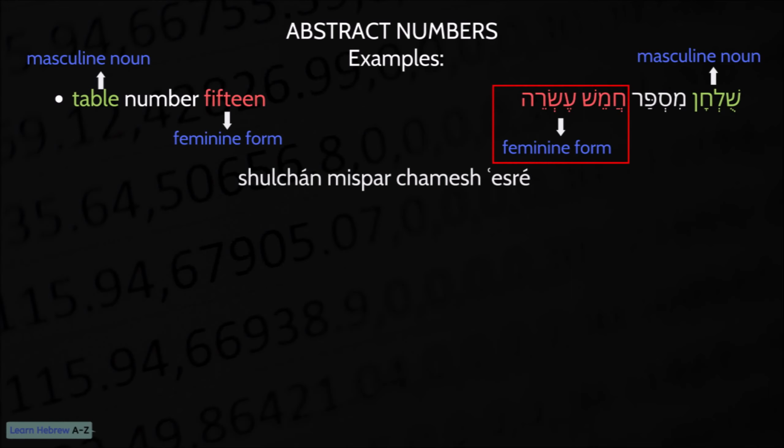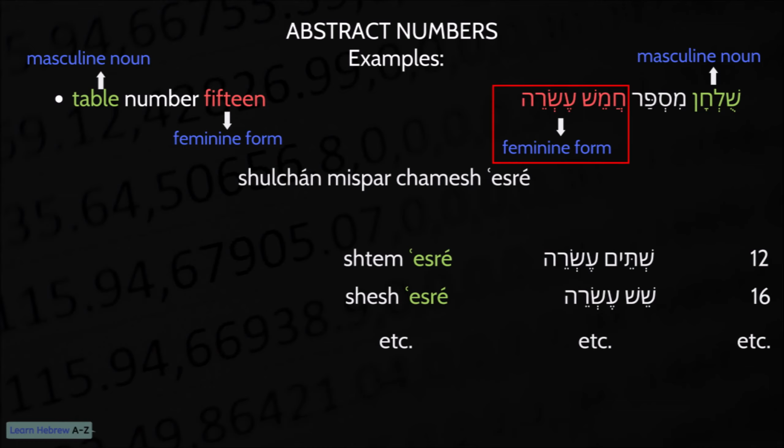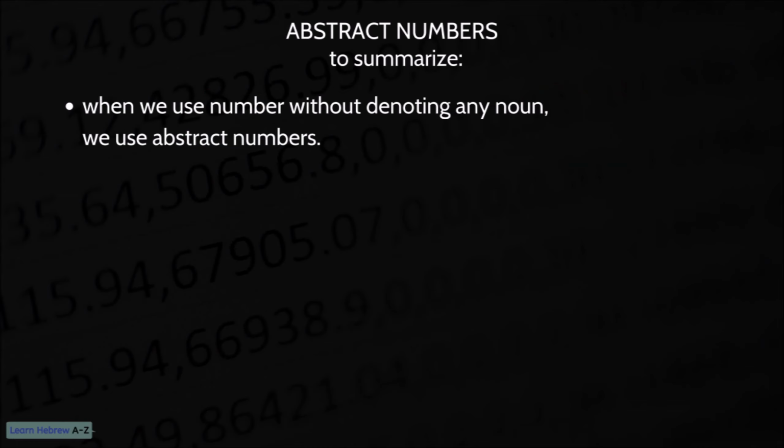Since in our case this is an abstract number, we use the feminine form we have just learned, regardless of the noun's gender. Another example would be anytime we want to use a number that doesn't denote any specific noun, like 12, 16, etc. To summarize, when we use a number without denoting any noun, we use abstract numbers.